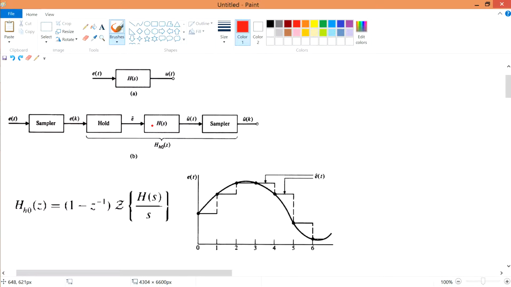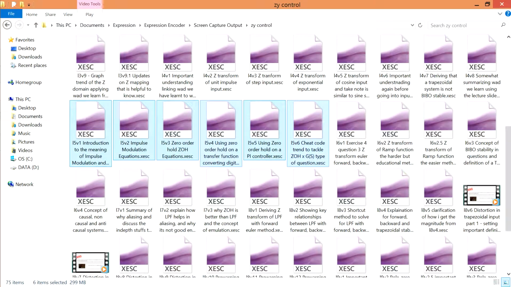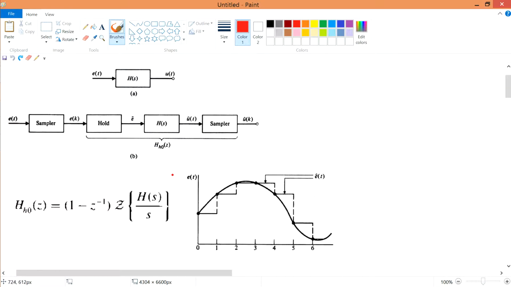But in our case, since we already understand where this comes from, this is your delay, your 0th order hold. This thing over here is your 0th order hold. If you don't understand where this comes from, just watch l9v8, where they talk about that, in case you forgot. So we want to cut this method short.